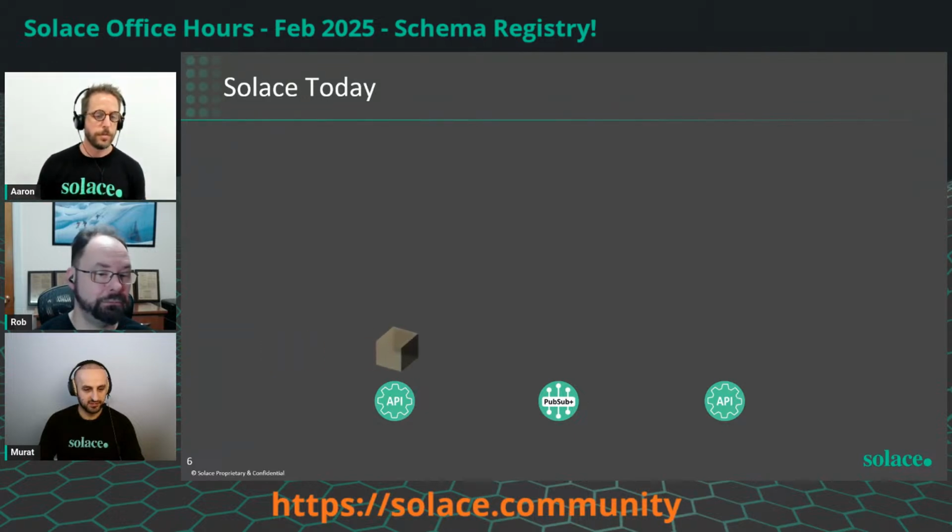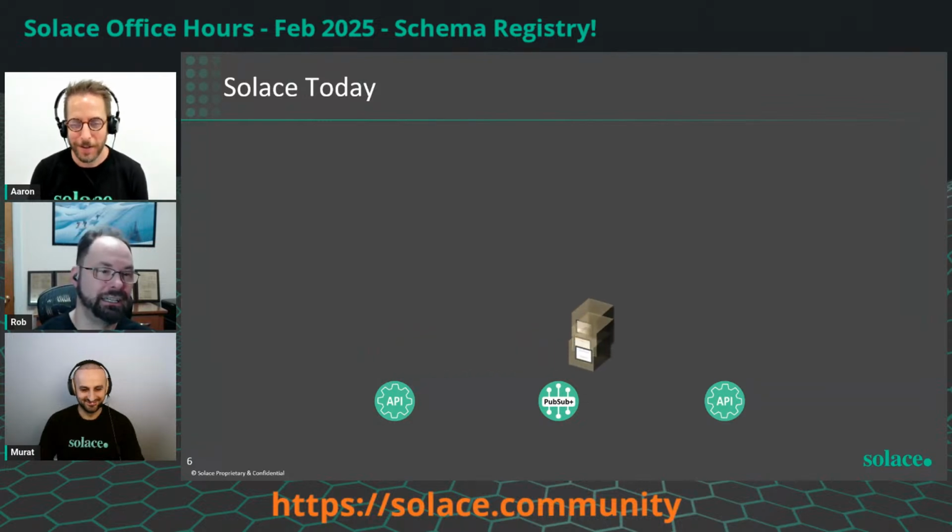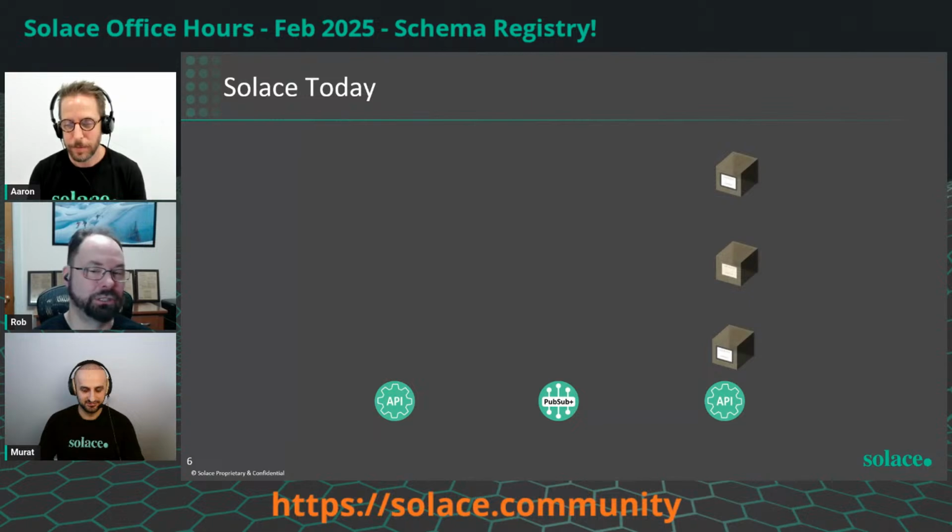Today a message comes in, we basically put a label in front of it, convert it to our SMF protocol, and then it goes to the broker, and the broker may replicate it. It goes to the far end API, which can be different. So it could go from JCSMP to .NET or something like that.